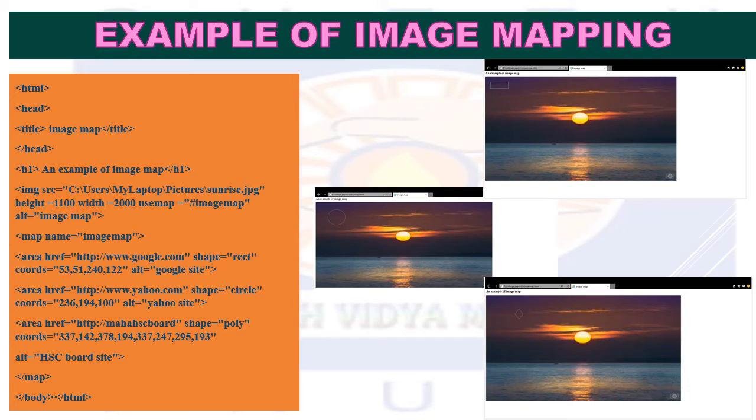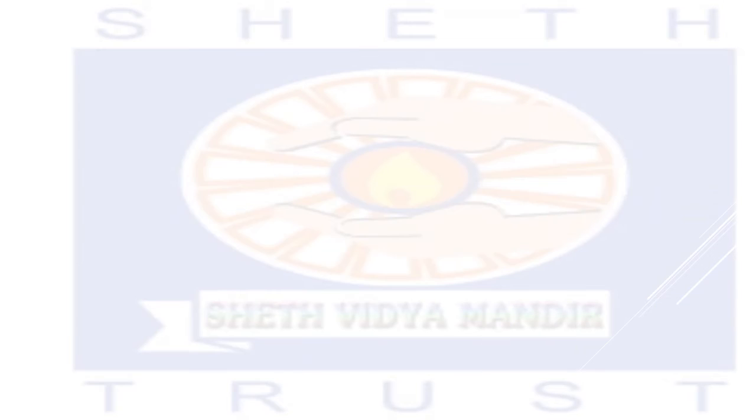And when I click on the polygon shape, that is a diamond shape, it will open the HSC board site. If you see in your browser, you can see the alternate text also. Students, this is the output of the image mapping. Let us move ahead. Now in the next slide, you will come to know how to take the coordinates, how to locate these coordinates. Let us move ahead, students.